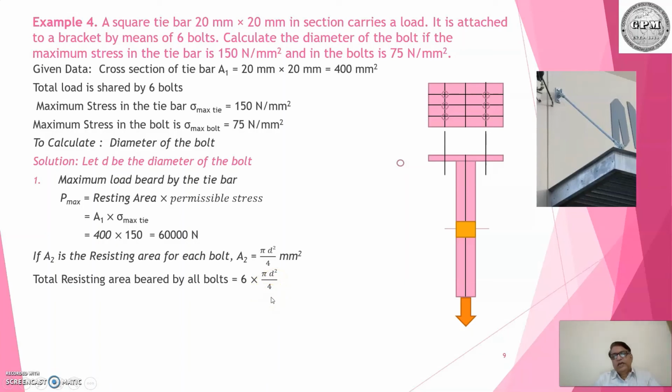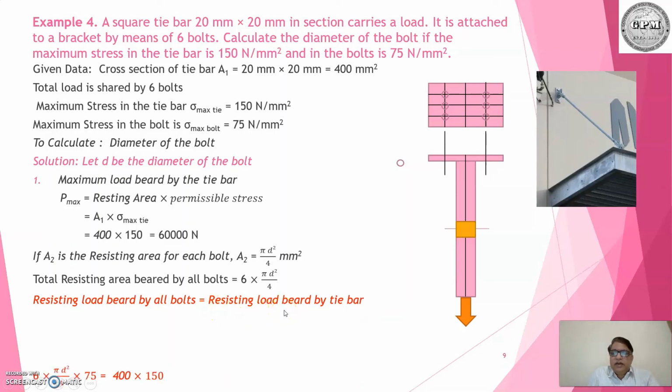Here I have not calculated the load on each bolt; we have calculated the load borne by all bolts. That is one and the same. The total load borne by all bolts is equal to the resisting load borne by the tie bar.